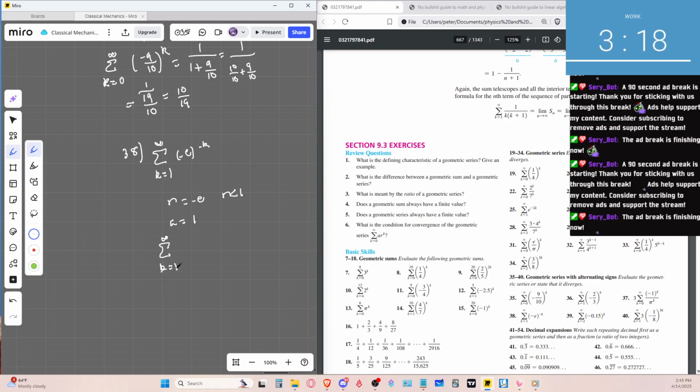K is negative in this case. Then that means the way it looks.